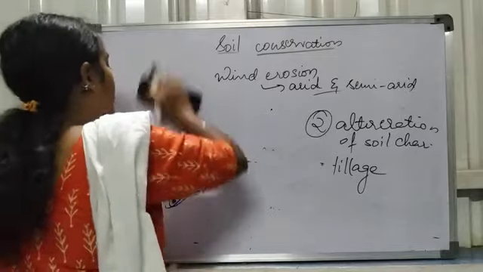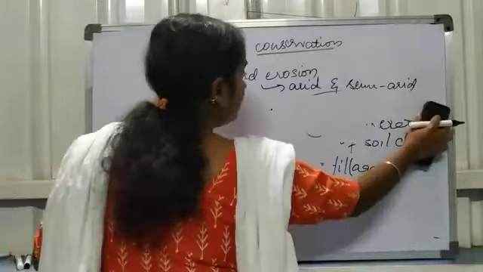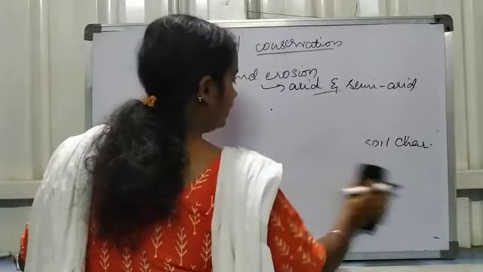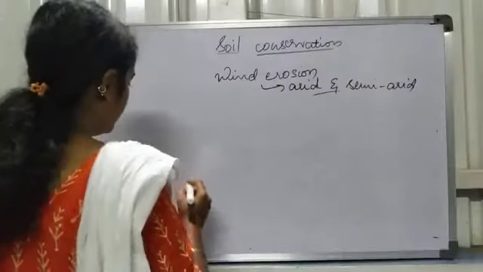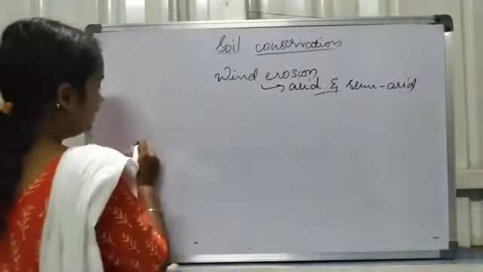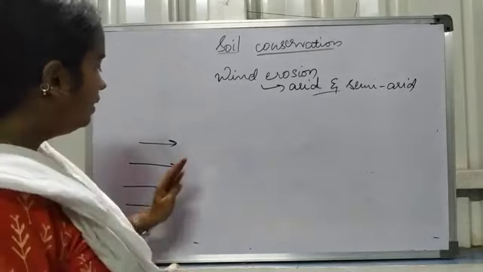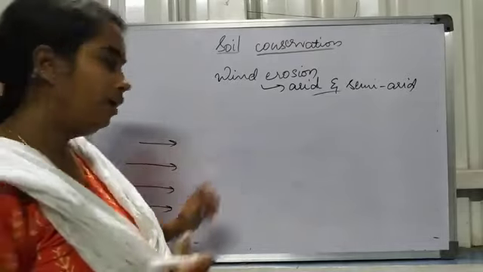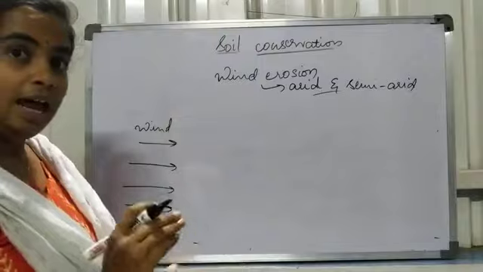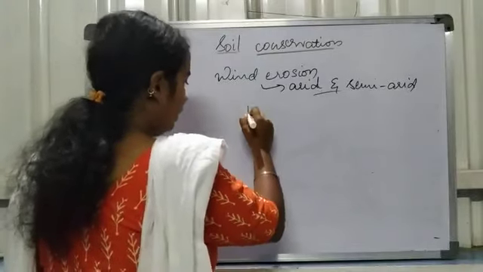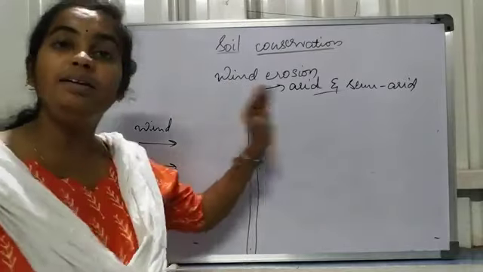Shelter belts are nothing but long lines of trees which can reduce the wind velocity. Suppose the wind direction is this way. This is the wind direction, and the shelter belts will be planted across the wind direction.